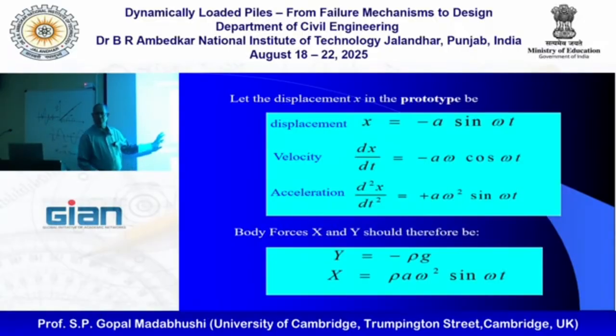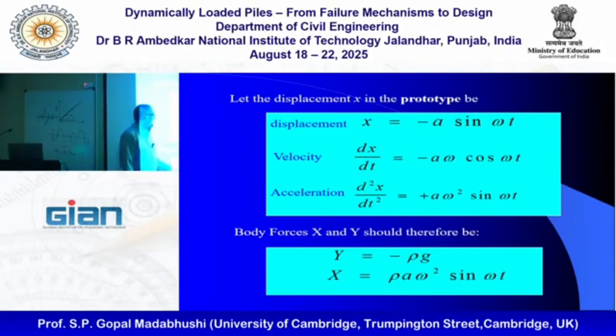So far, straightforward, right? My body forces: in the y direction, I have gravity, g times rho, the density. So density times g should give me my vertical body force. The minus just means that it's acting from top to bottom because g is that way.